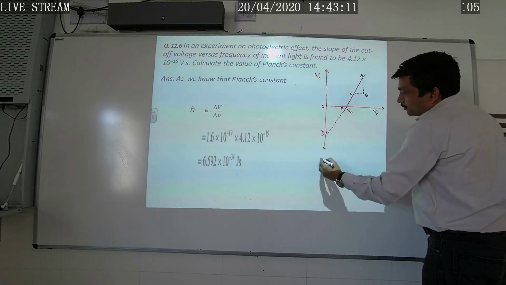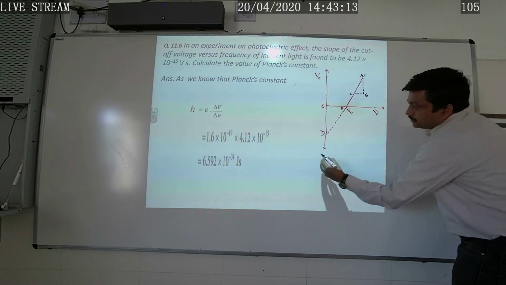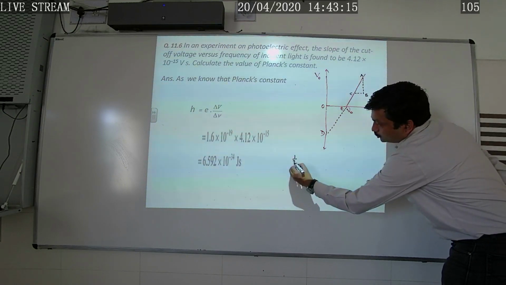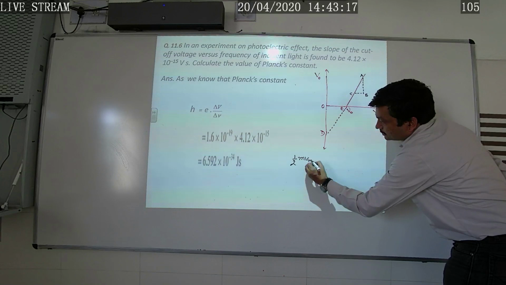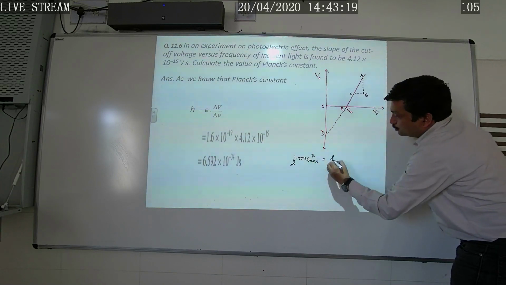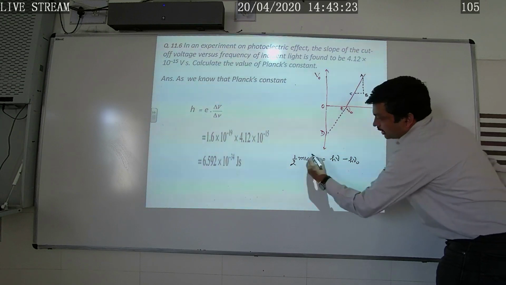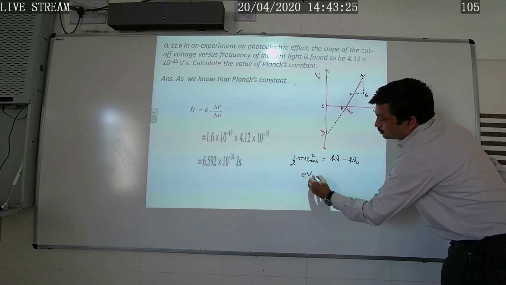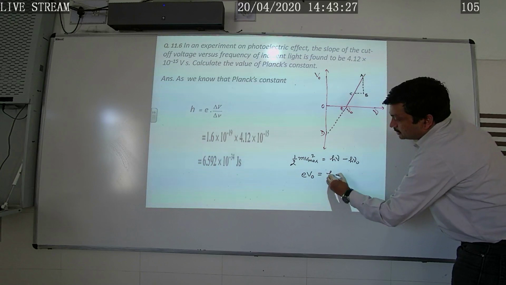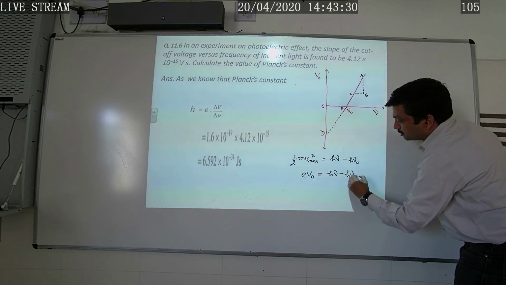According to Einstein's photoelectric equation, 1/2 m v max squared is equal to h nu minus h nu naught, and this kinetic energy equals e V naught, which is equal to h nu minus h nu naught.